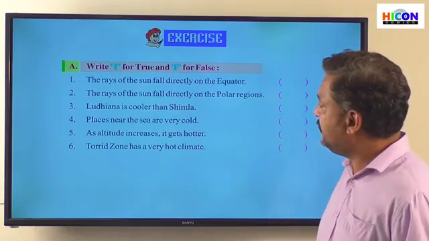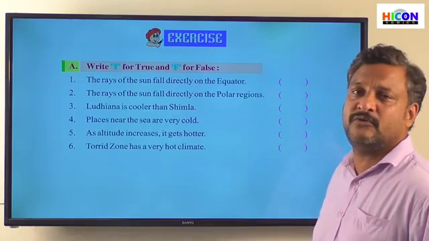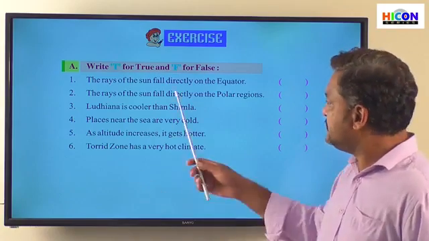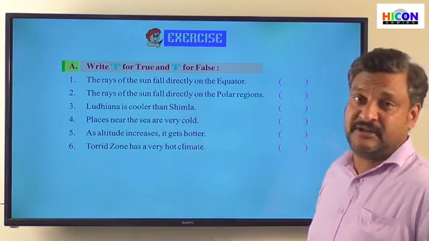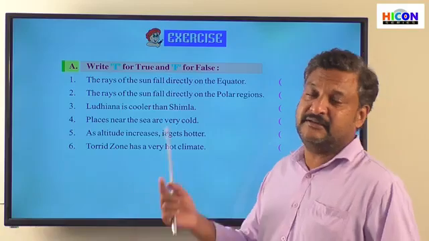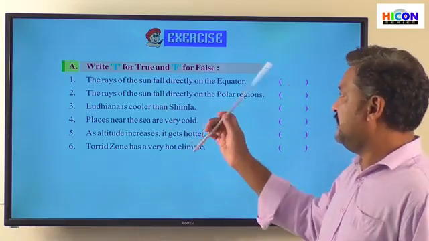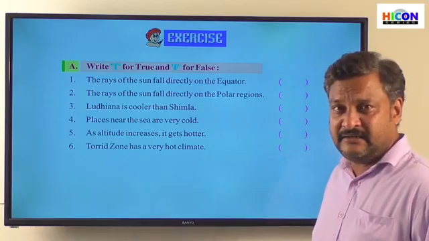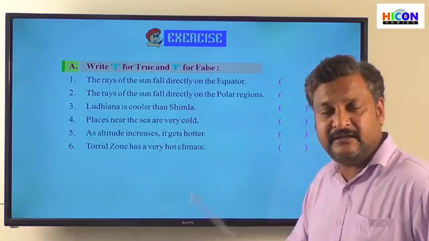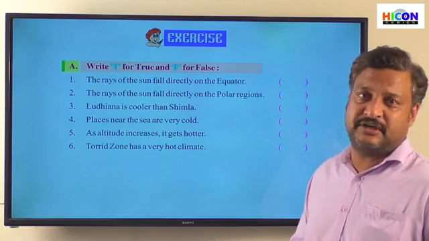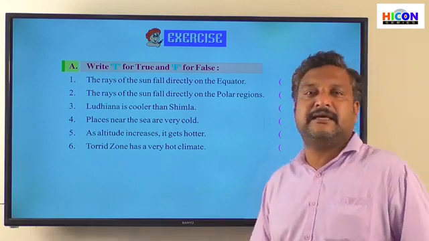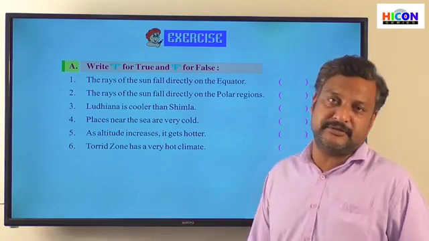So how can we know? Yes, if the sentence conveys the same idea that we have learned in the lesson, then it's a true statement. If it is not the same, then it is a false statement.